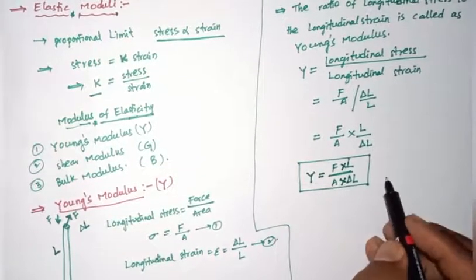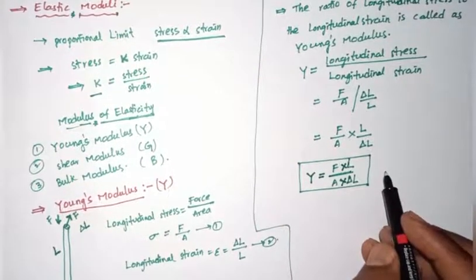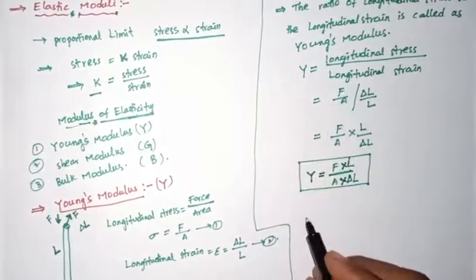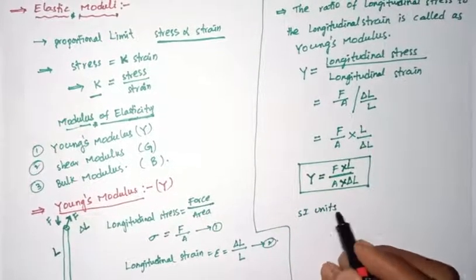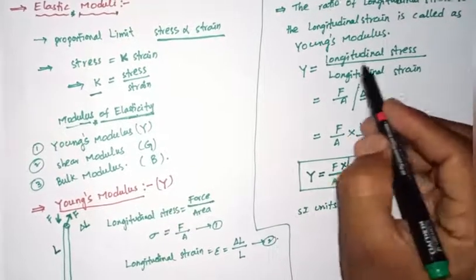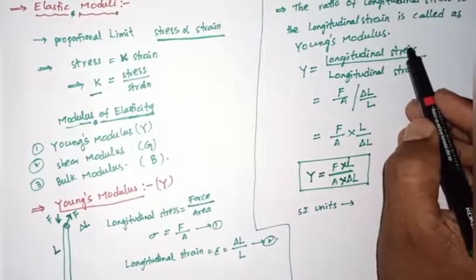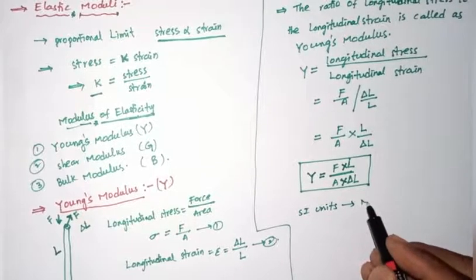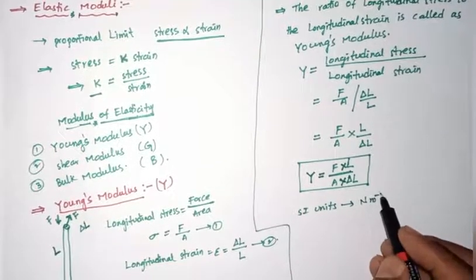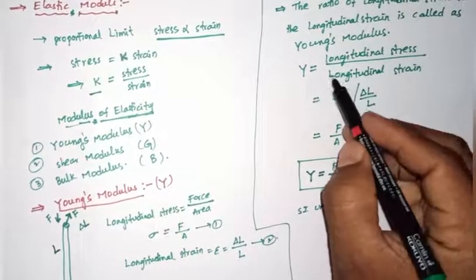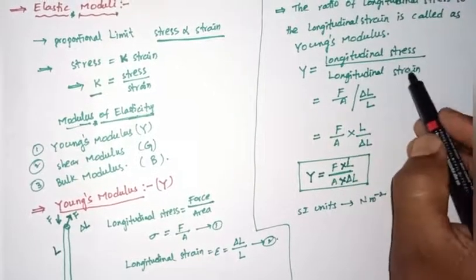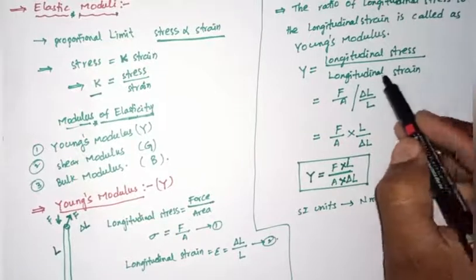Now the units for Young's modulus. Longitudinal stress is Newton per meter square. Longitudinal strain has no units.